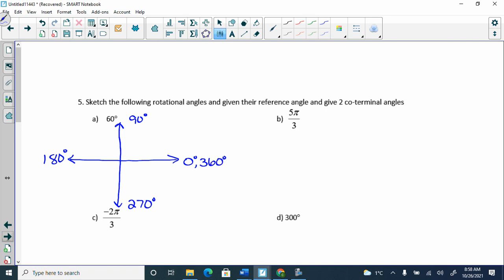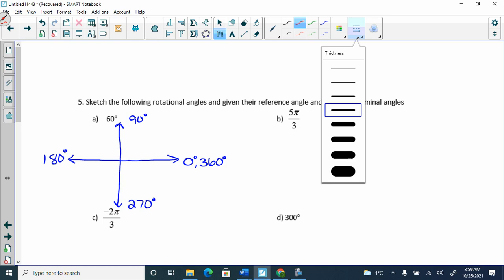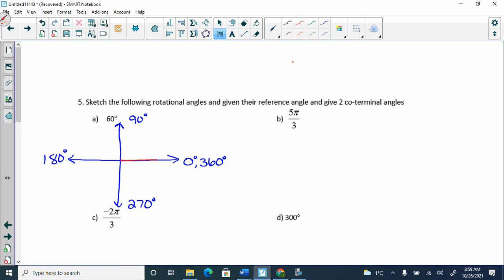Now keep in mind, if the question is in degrees, your answers, reference angle and coterminals, better be in degrees. Right? So I go to draw 60. I have my initial arm, I have my rotation, and I have 60. And I have my angle. And I label this 60.